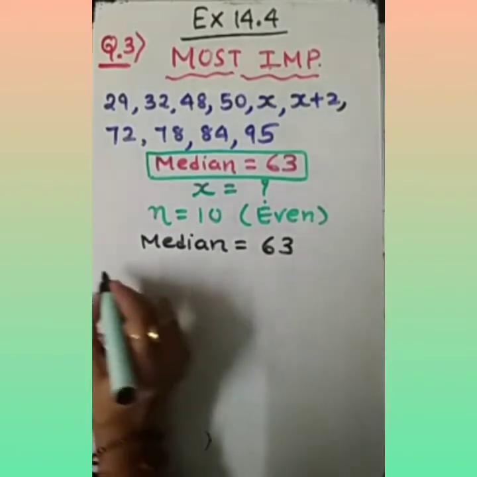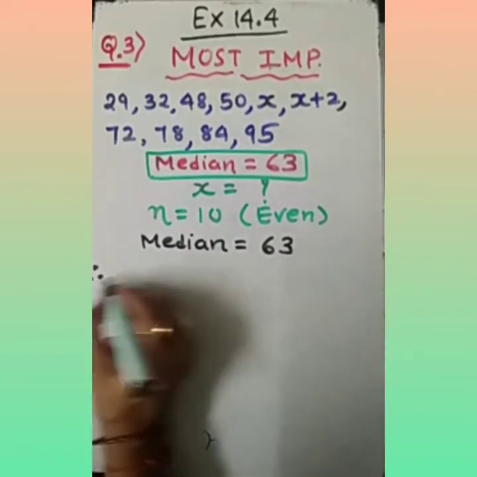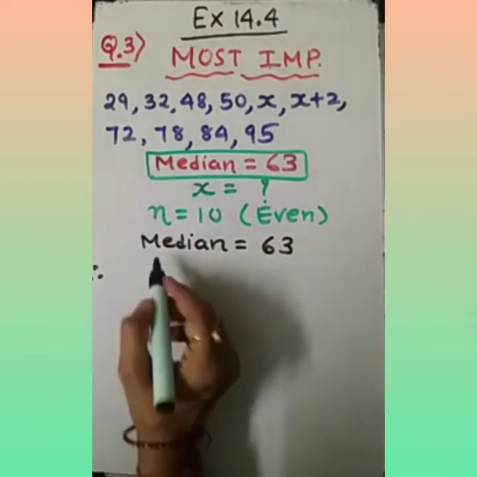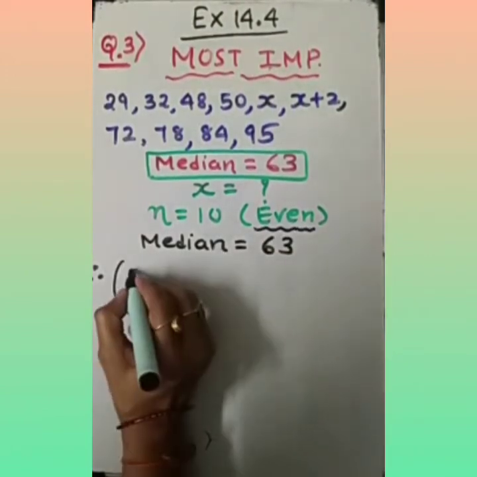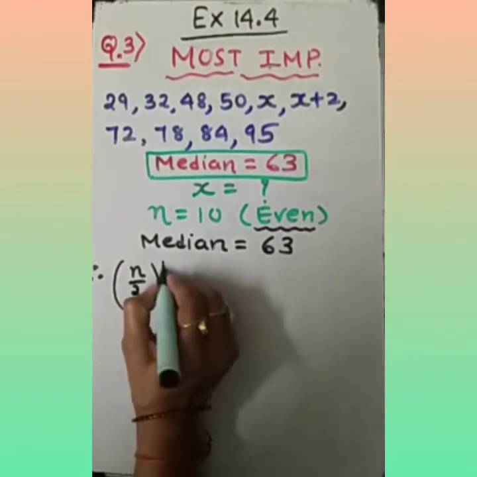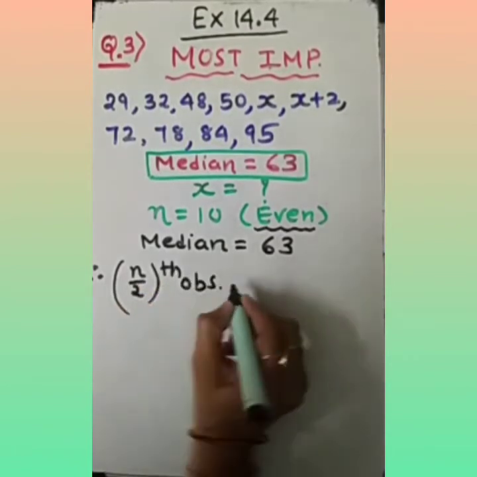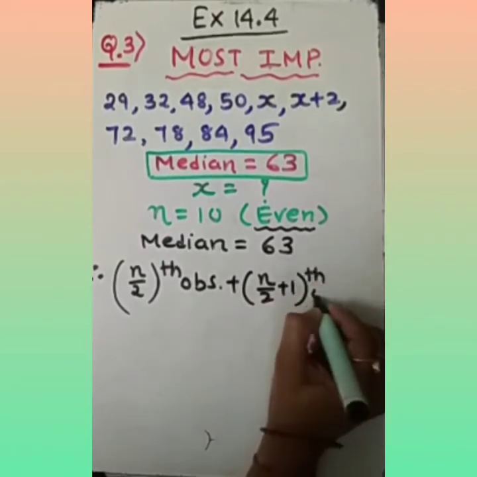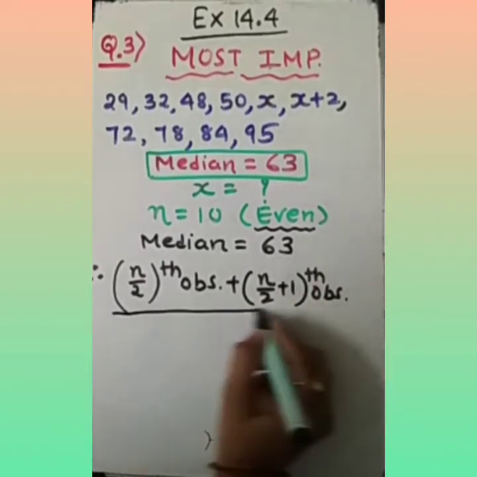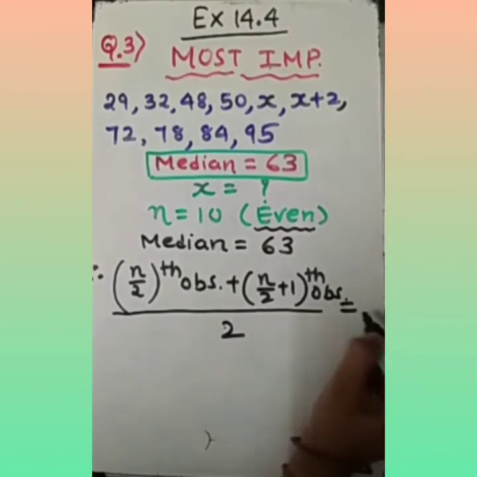So let me compare the formula with the median 63. Now the formula for the median of an even number of observations is the n by 2th observation plus the n by 2 plus 1th observation, divided by 2, equal to 63.